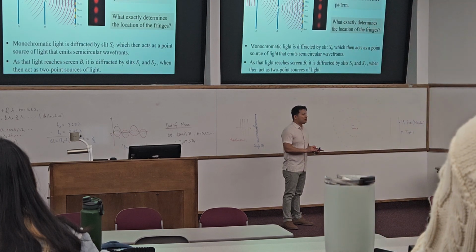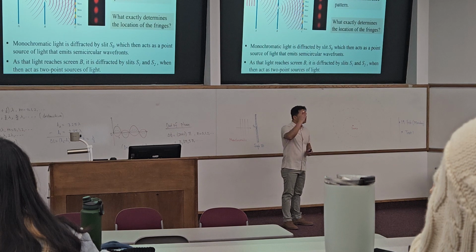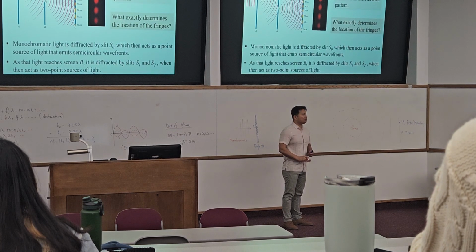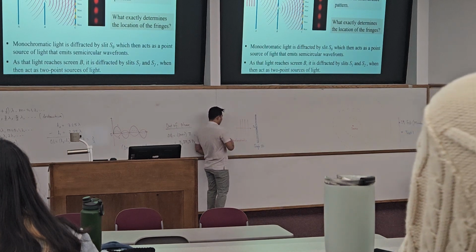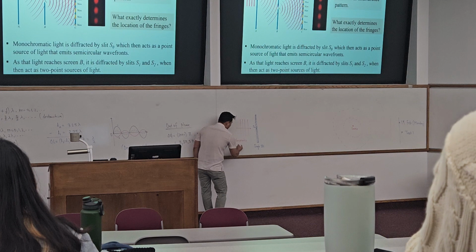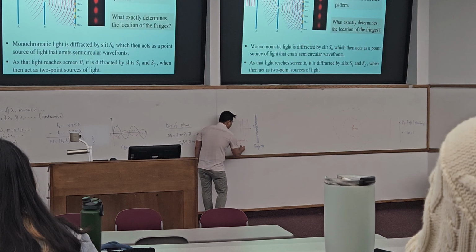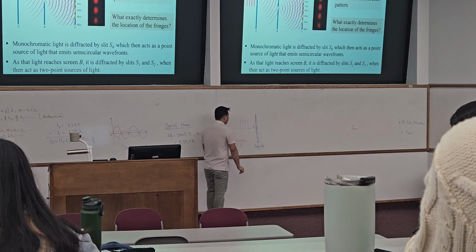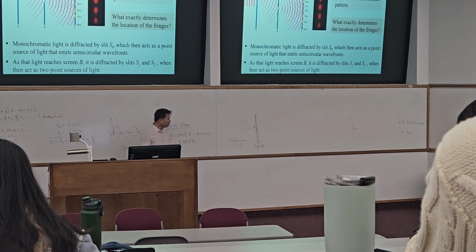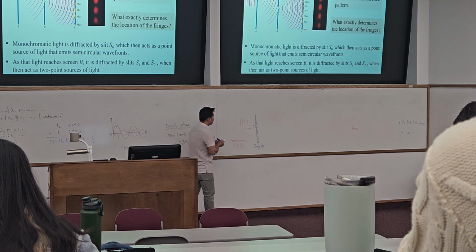Whenever it comes over here, the wavefront looks like a line. So basically assume that the source is very far away. So whenever I draw over here, this is a monochromatic light. It has a single wavelength or frequency. You can talk about frequency as well. And it's traveling in this direction.